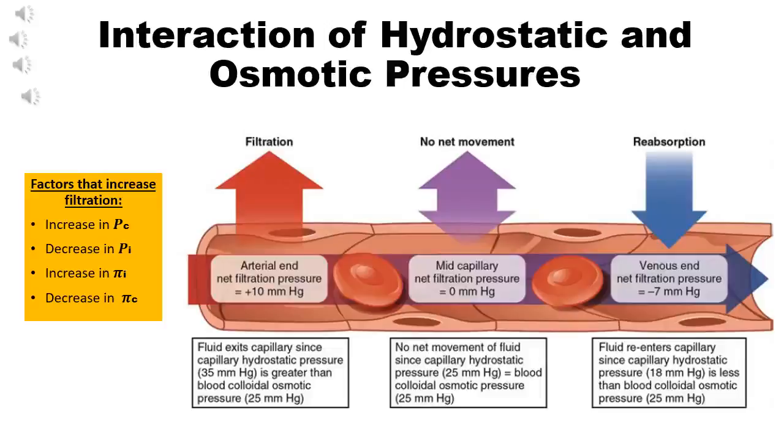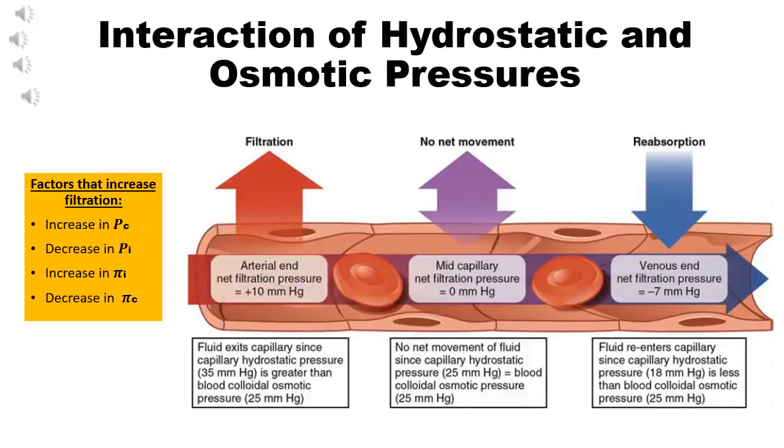Some factors that increase filtration are an increase in hydrostatic capillary pressure, a decrease in hydrostatic interstitial pressure, a decrease in oncotic capillary pressure, and an increase in oncotic interstitial pressure. Notice that the factors that increase filtration are opposing each other.